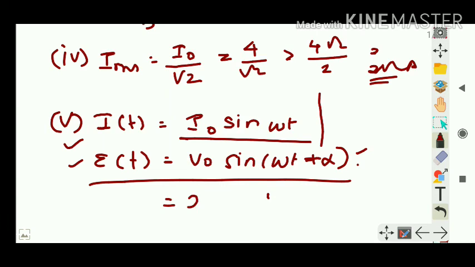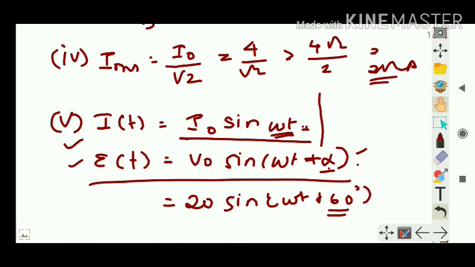So we are given the actual voltage equation here. V is equal to 20 sine omega t plus 60. So it doesn't mean this alpha is 60, okay? This alpha must be removed from here, right? This equation doesn't have any alpha. So your actual equation should be 60 degree minus this value, right?